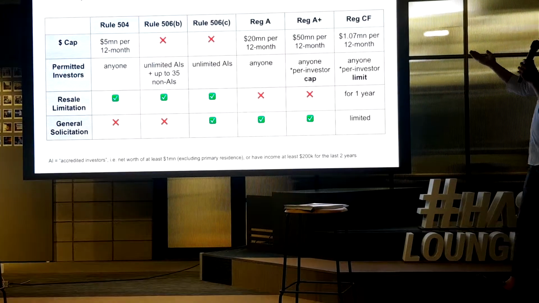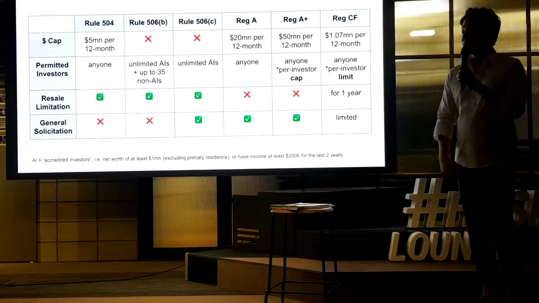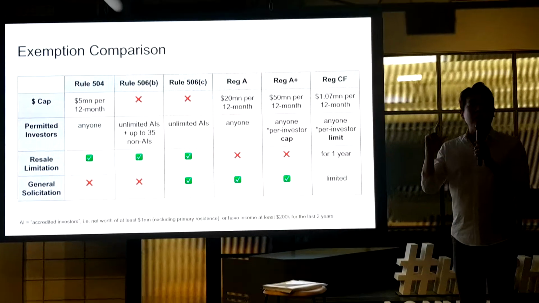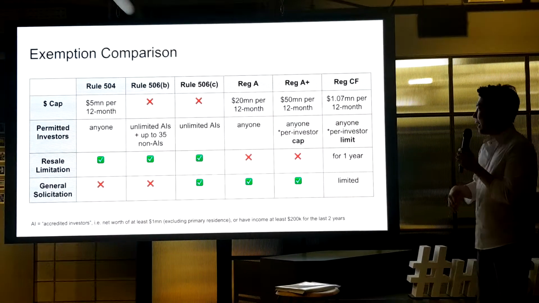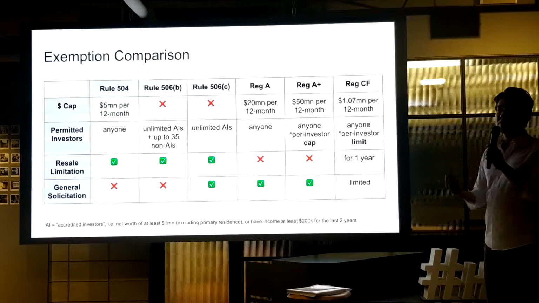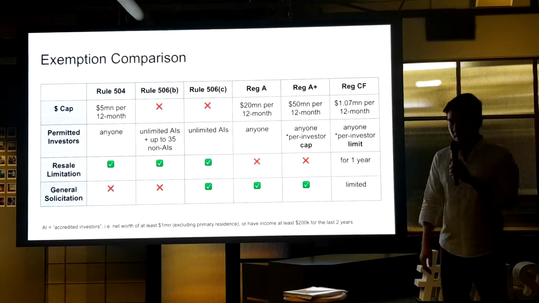And for Regulation Crowdfunding, it's only 1 million. So Regulation A+ has a definite advantage of a large cap, but is also open to the public. There is no resale limitation, and you are also allowed to generally solicit or test the waters, as Muneeb said at the beginning.